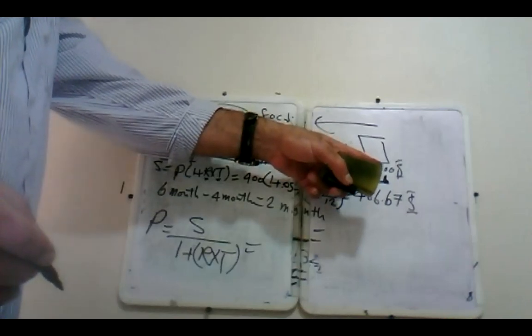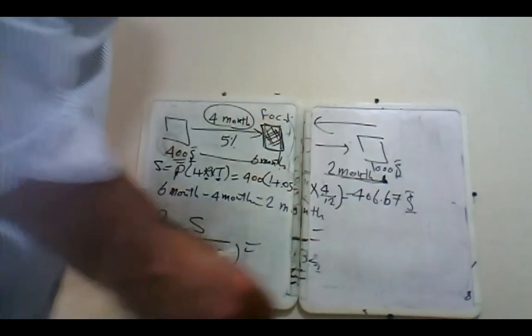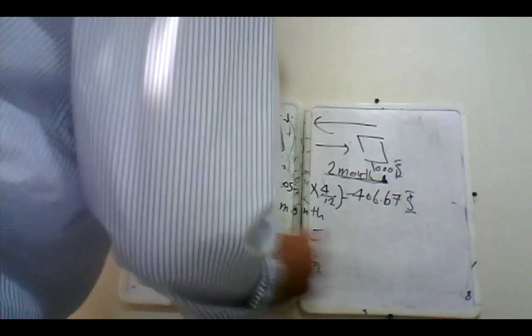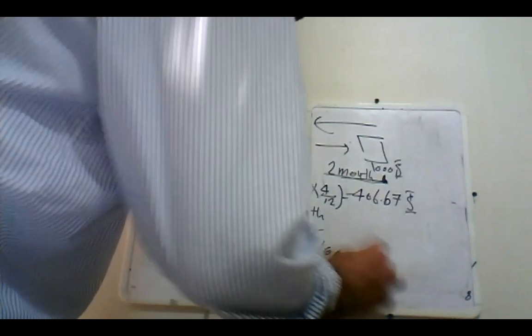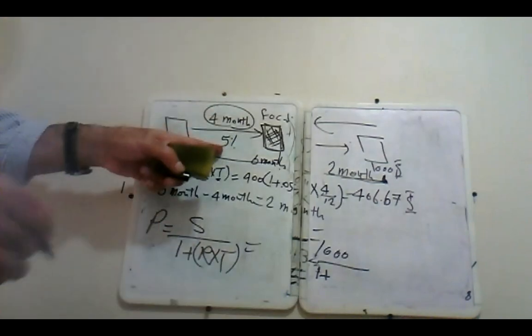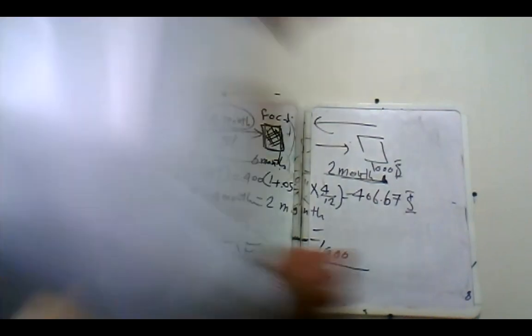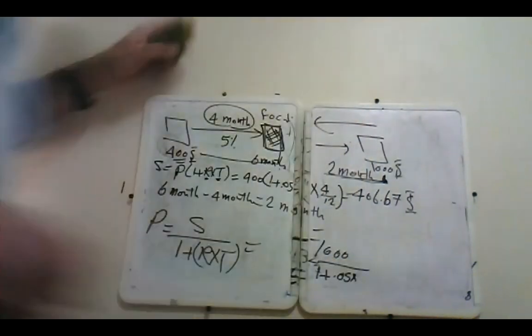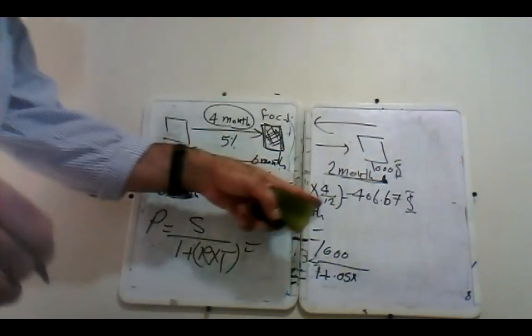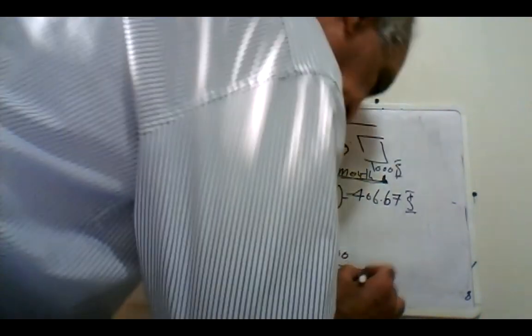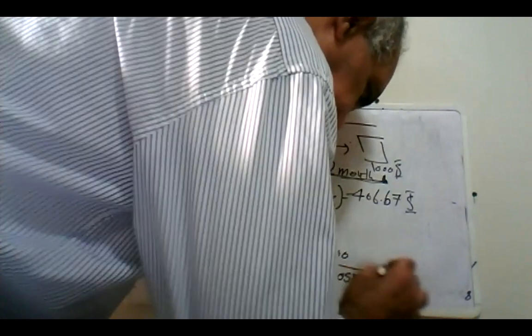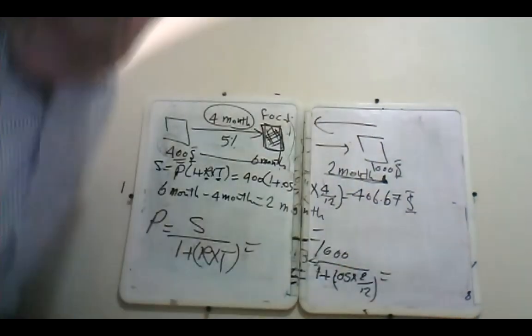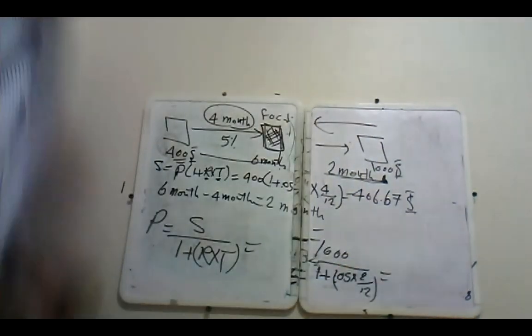The future value is 1,000, divided by 1 plus the rate, the same 5%, 0.05, times the time, which is 2 months, so 2 divided by 12. At the end, that equals 991.74.